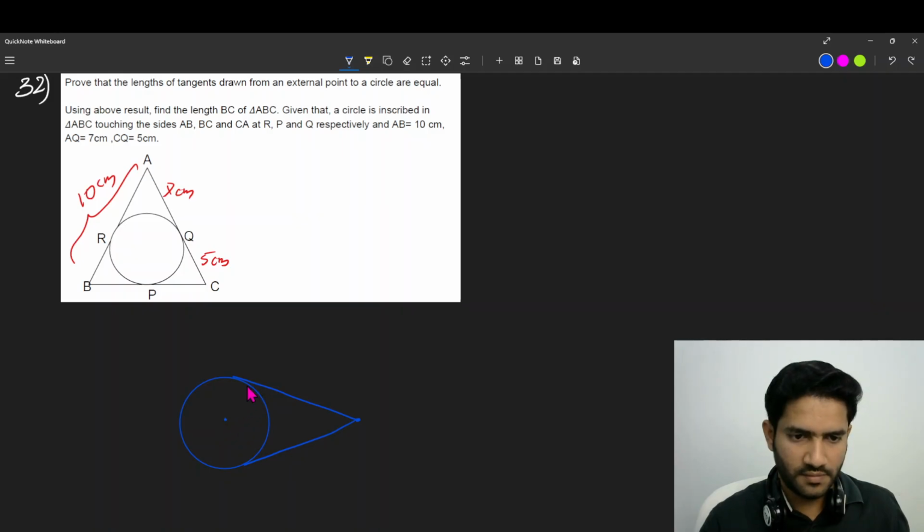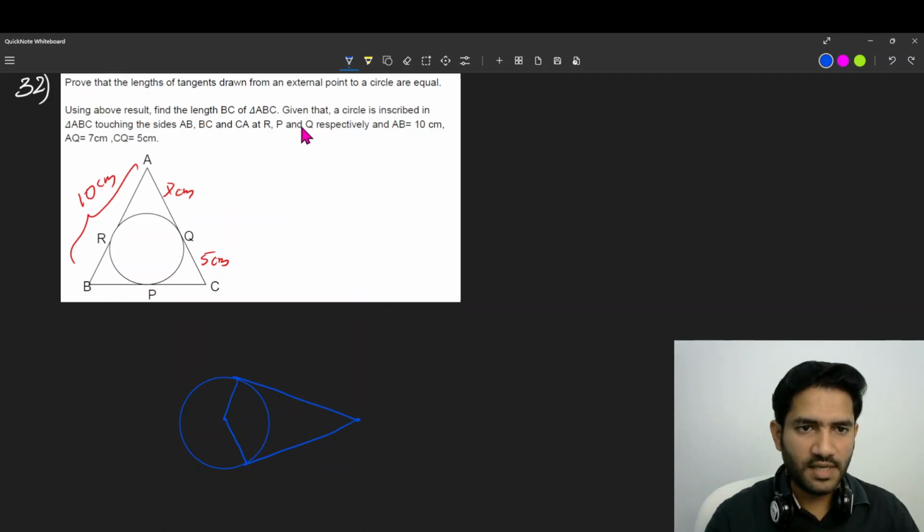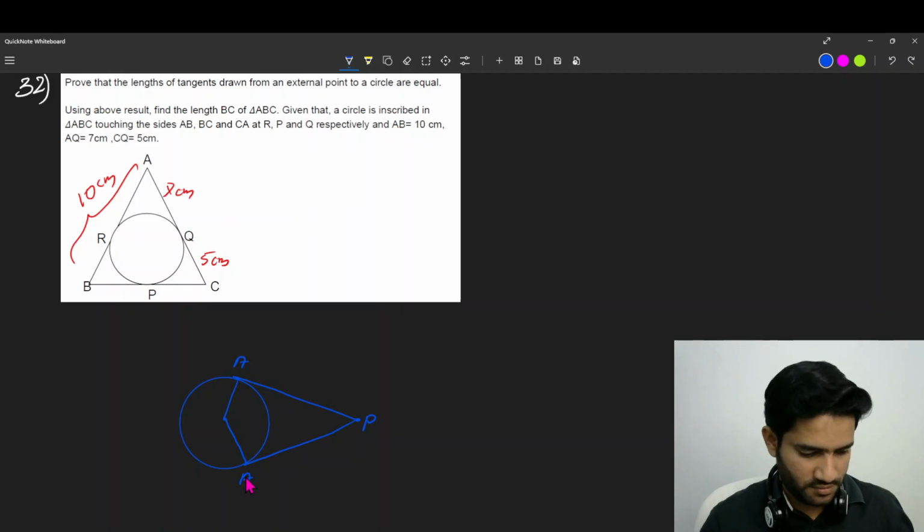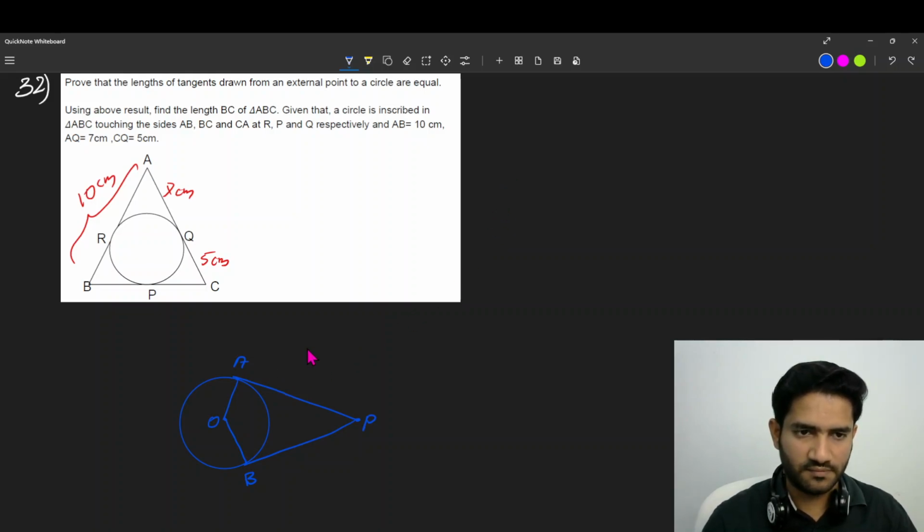Here we have the center O, and we know that this is the perpendicular, and this is also the perpendicular drawn from the center. So first of all, the construction.